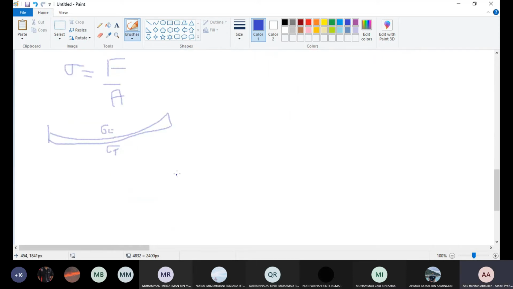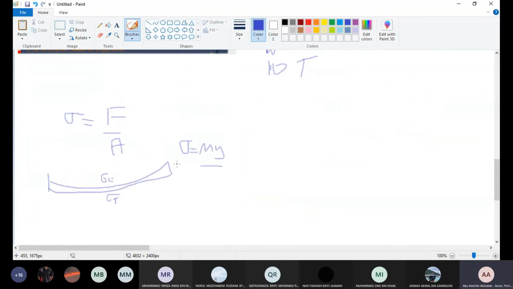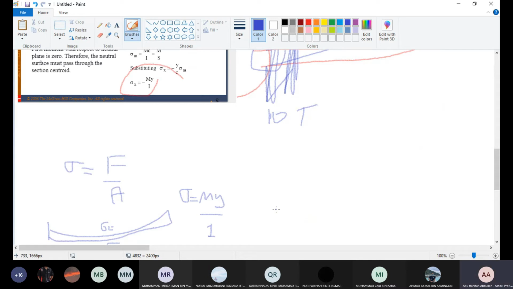So how to get that stress? Your equation will be stress equals moment times y, which is the distance from the neutral axis, divided by the moment of inertia, which you have learned already in your statics.